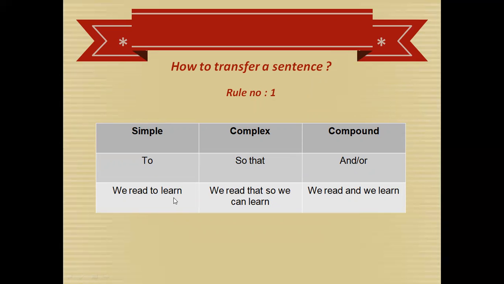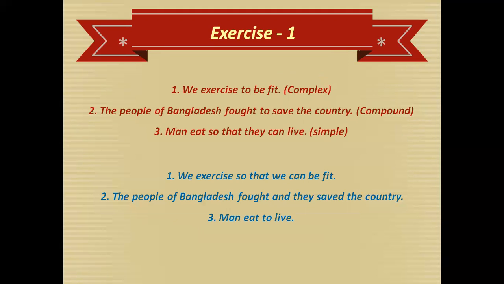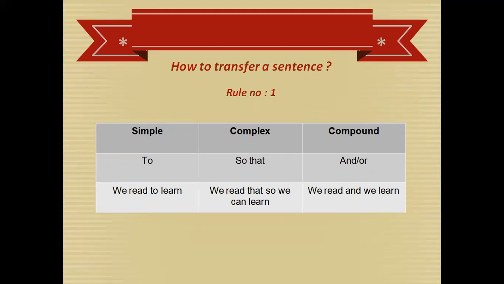We read to learn. How will you change it into complex? So I told you already, a complex sentence consists of one subordinate clause and one main clause. Here, we read so that we can learn. So here we are using so that. Then compound means we read and we learn.